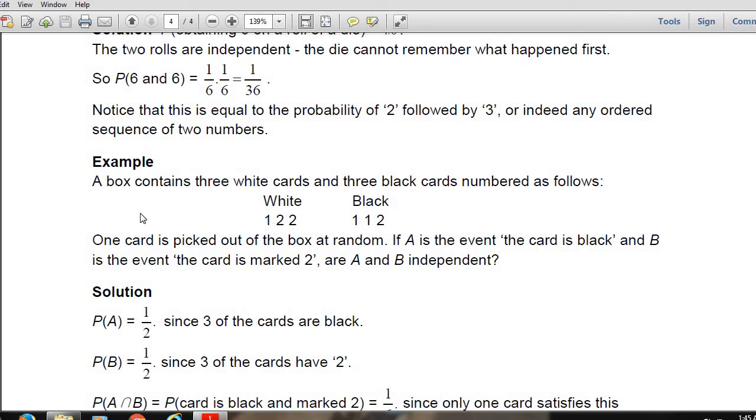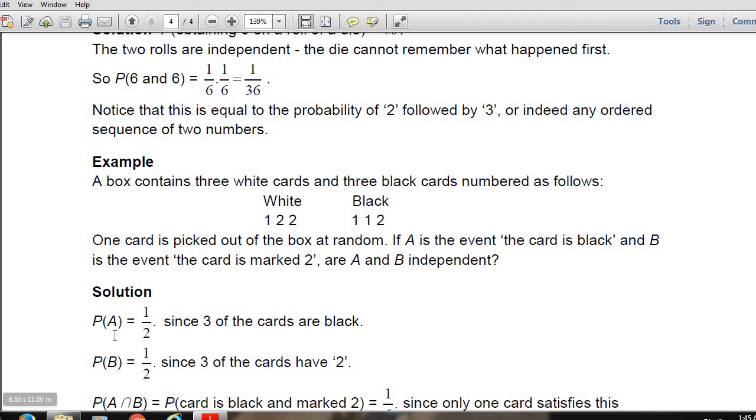To solve this problem, we use a theorem: two events A and B are independent if and only if probability of A intersection B equals probability of A times probability of B.